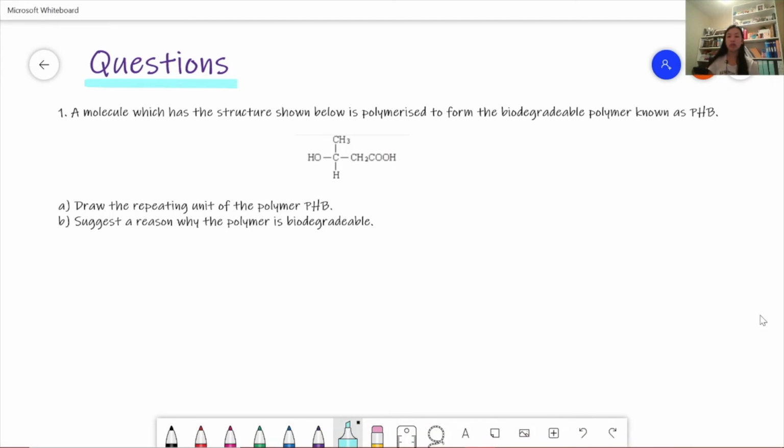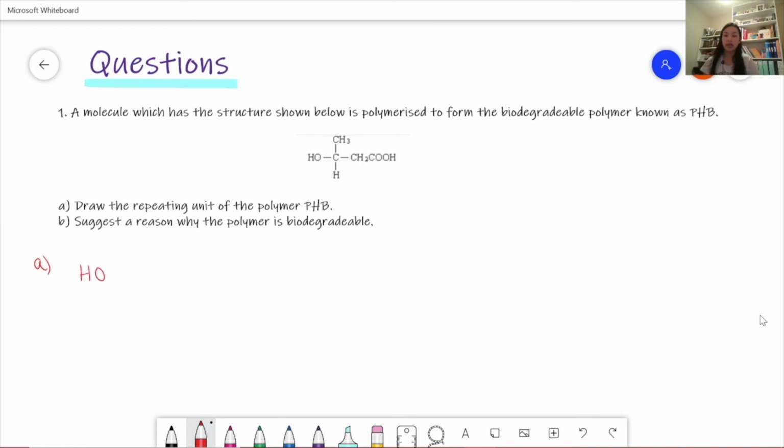For question 1, a molecule which has the structure shown below is polymerized to form the biodegradable polymer known as PHB. For A, draw the repeating unit of the polymer PHB. To make it easier, we draw 2 of these molecules so we can see how the condensation polymer is formed.